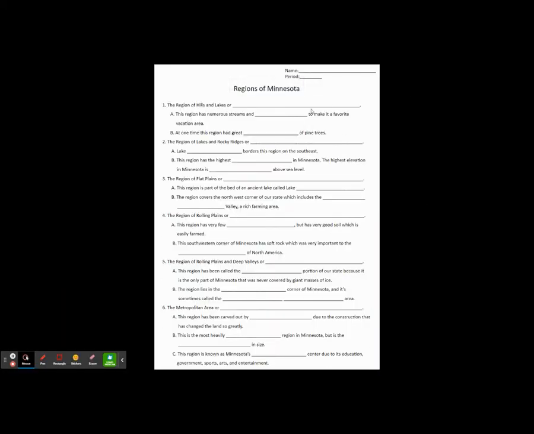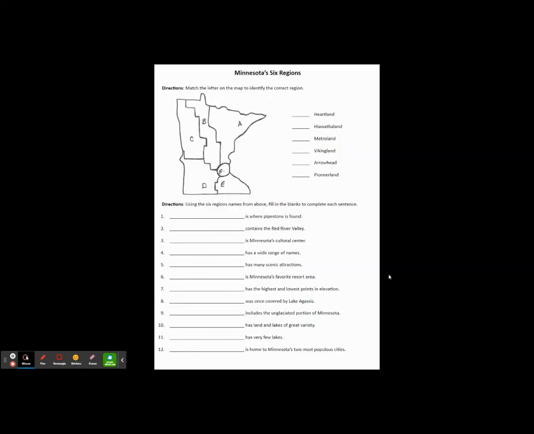You might find it here, but I think the better place to locate this answer is down here in questions 1 through 12. Look through your answers based on what we discussed a couple of days ago in class, and look to see if there's any question related to Lake Agassiz. Once you find that, go over to your question number 4 and mark the correct answer.